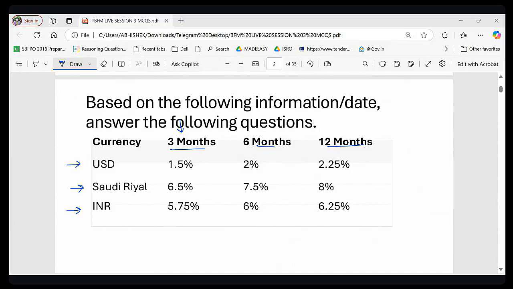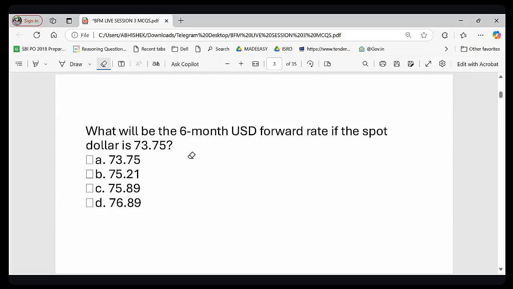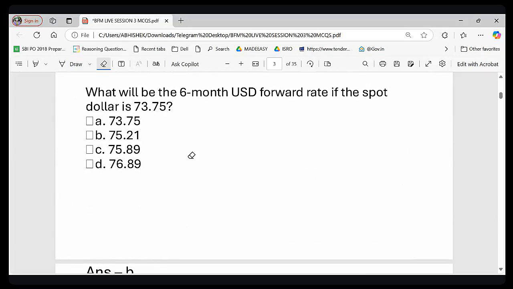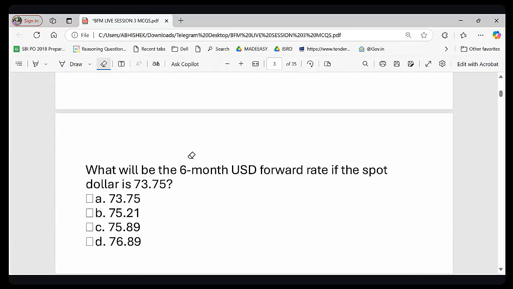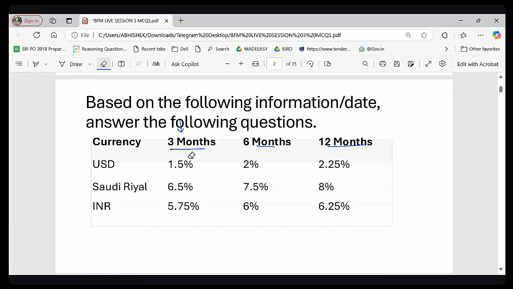Okay, fine. Now let's begin with the first question related to this case study. The first question is, what will be the 6 month USD forward rate if the spot dollar is 73.75? So you take the data of 6 month USD from this table. Let me also take a snip of this.